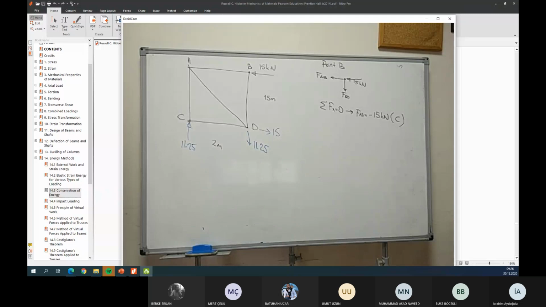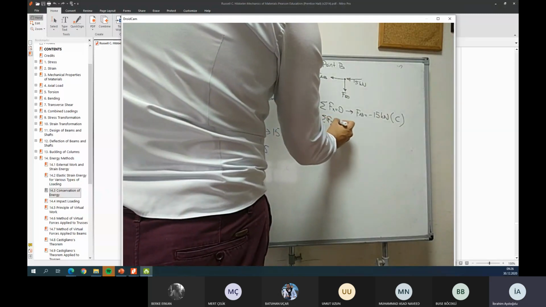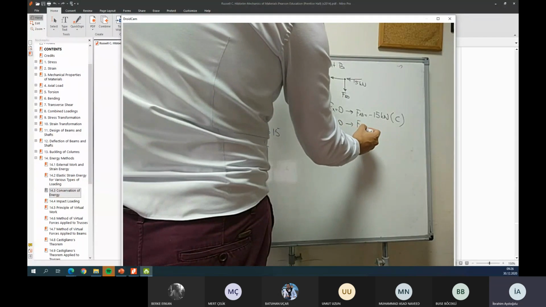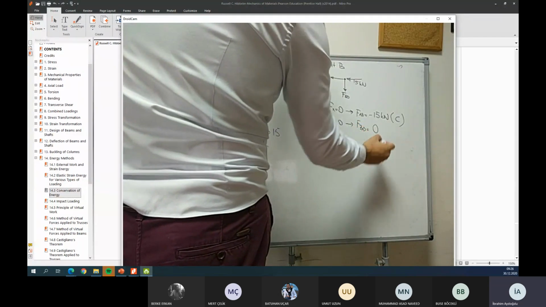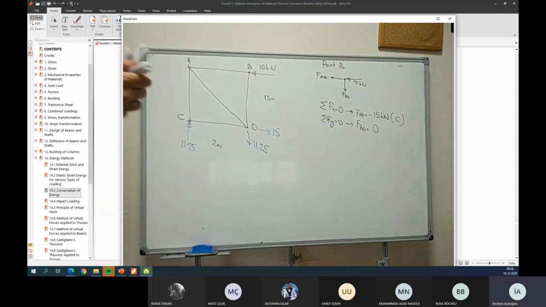Also, sigma Fy is equal to 0, so FBD is equal to 0 because there is no force in the y direction. Do you have any question for this?